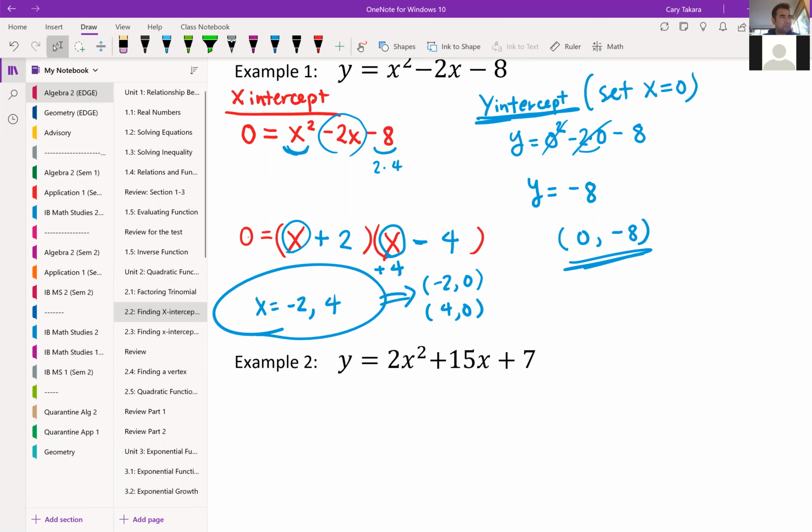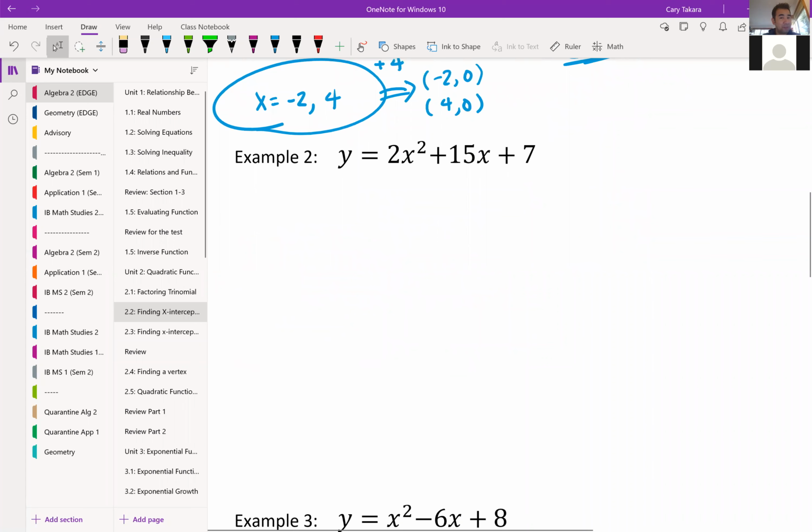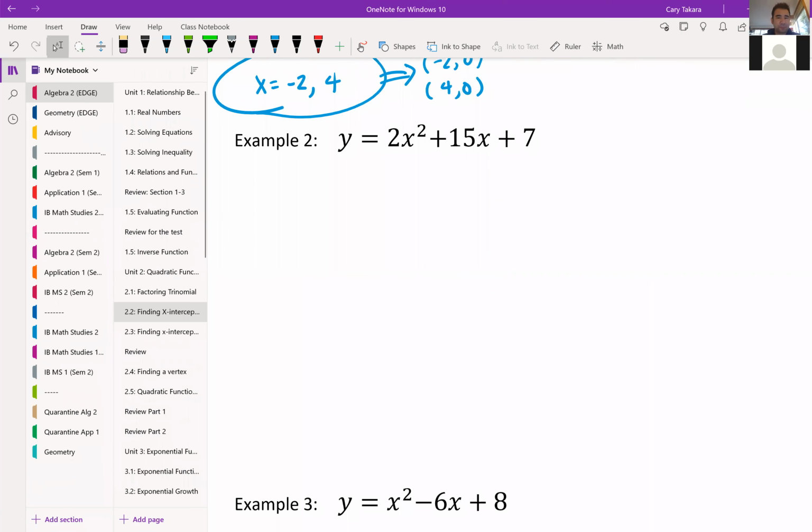Example 1. Okay, I'm going to scoot up, scoot down, scoot up, scoot down. Example 2. X-intercept, y-intercept.